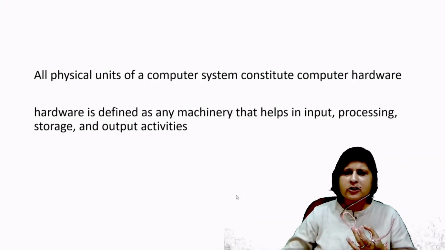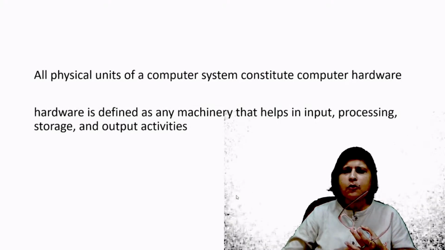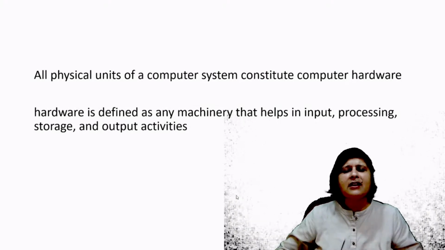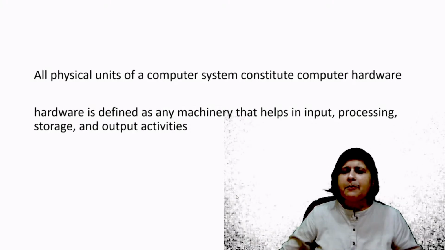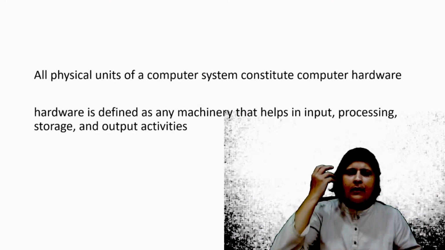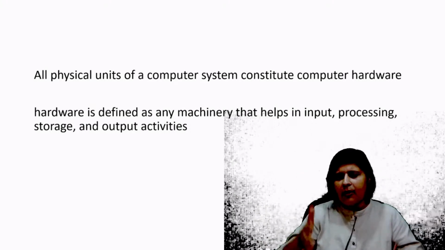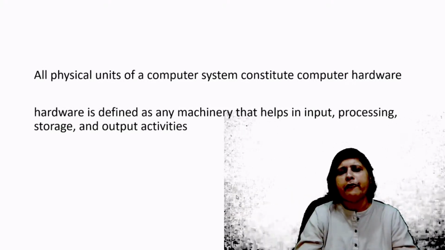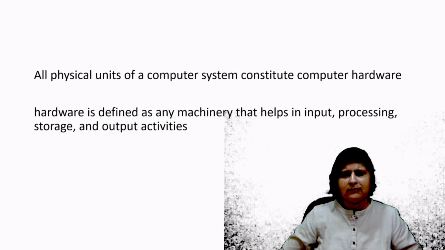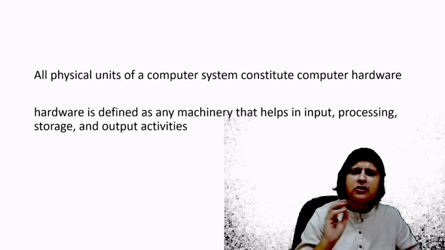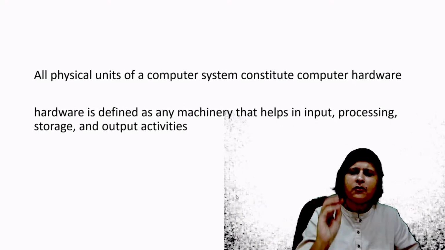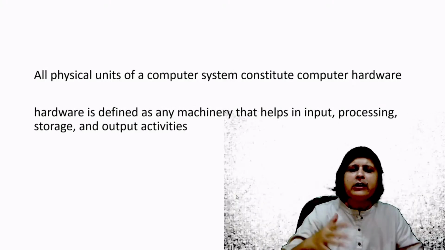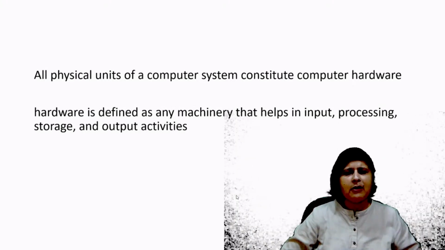Hardware: keyboard, monitor, CPU, mouse, all these are the hardware. So in a computer system, all these are the physical units. You can touch and see and feel the hardware, right? You can touch your hardware, you can see your hardware, you can feel your hardware. So it's a physical unit of a computer system.